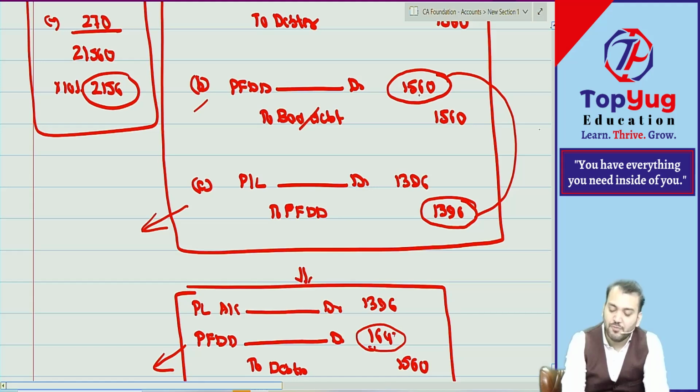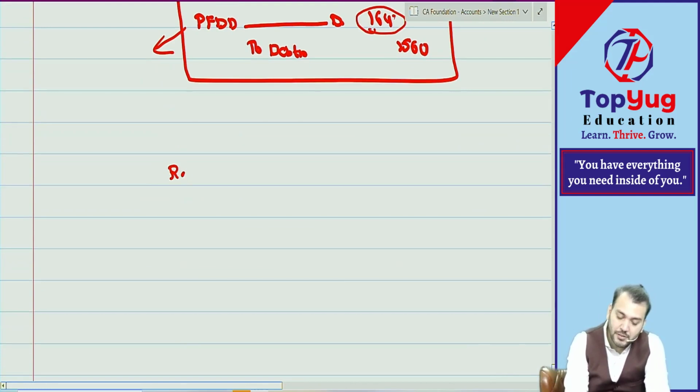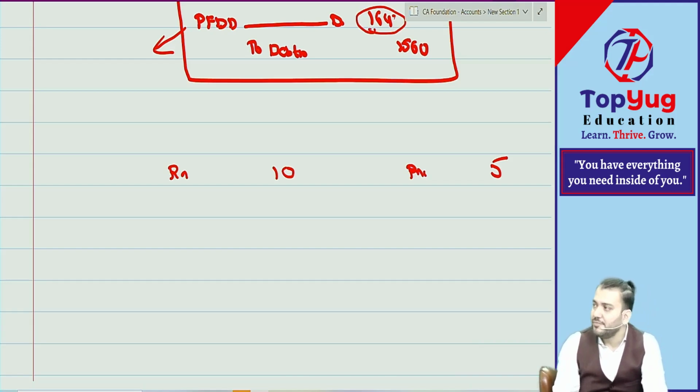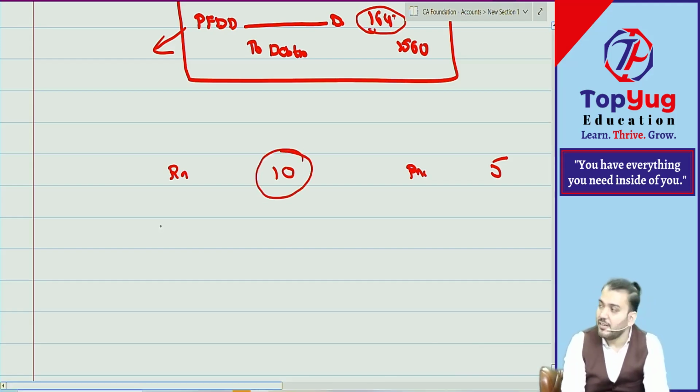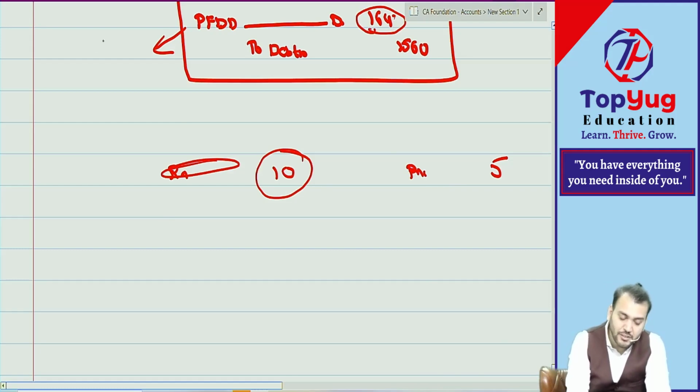You debit 1560 and credit 1396, so better to debit the difference. We are not cancelling or reversing. Suppose Ram account is debited by 10 and credited by 5. Instead of debiting 10 and crediting 5, you can debit 5 only, because Ram account has been debited more. It is as simple as that. Understood now?